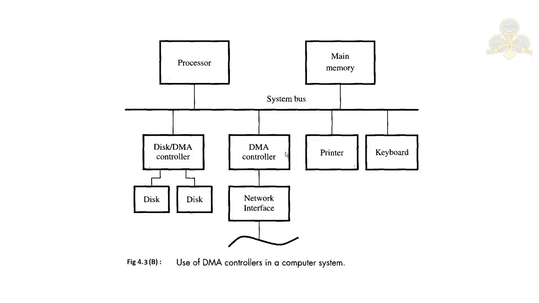To resolve this problem, an arbitration procedure is implemented on the bus to coordinate the activities of all the devices requesting memory transfers. We will see bus arbitration in the next topic or next session.